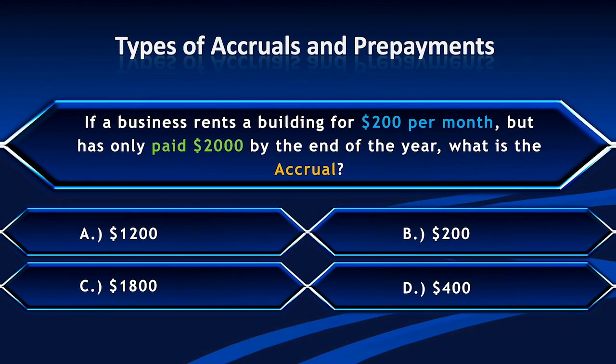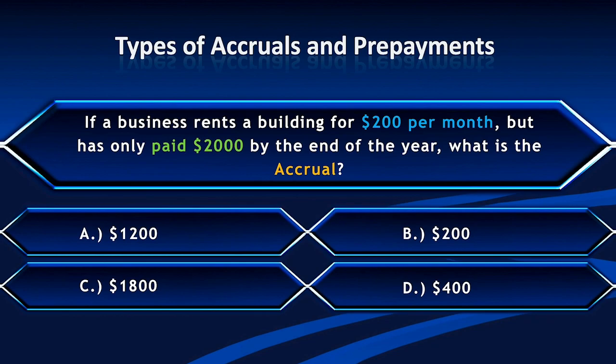Same information again, but they're asking for something different this time. This time they're asking what is the accrued amount. We had worked out that the incurred amount was 200 by 12, which is $2,400, and he only paid $2,000, which is less.